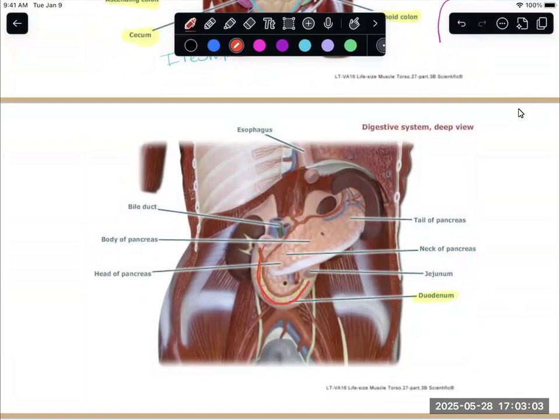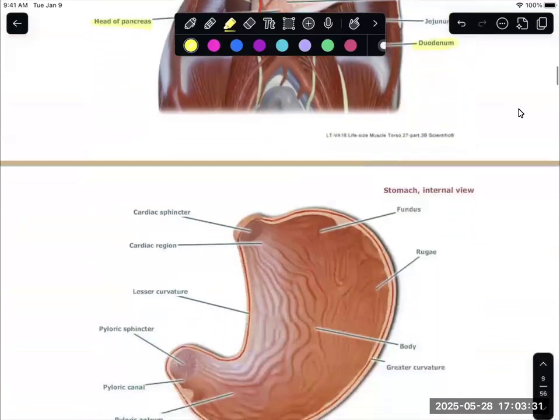That's all it does, it comes and wraps around the head of the pancreas. I was looking for the pancreas. Sorry. So we have the head of the pancreas. You can see the body of the pancreas. We have the tail of the pancreas. Those we can see from this image.